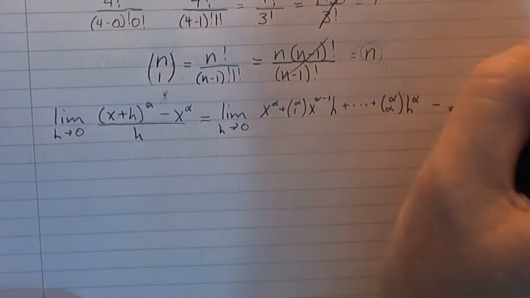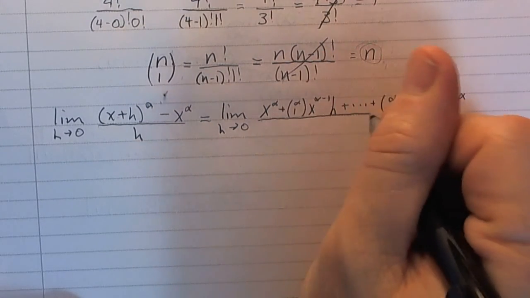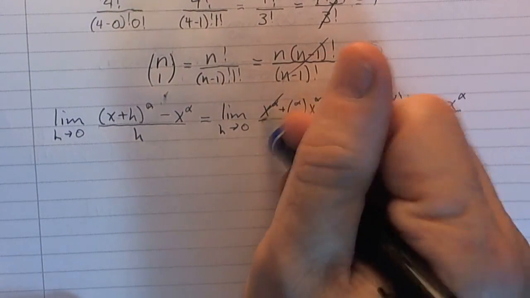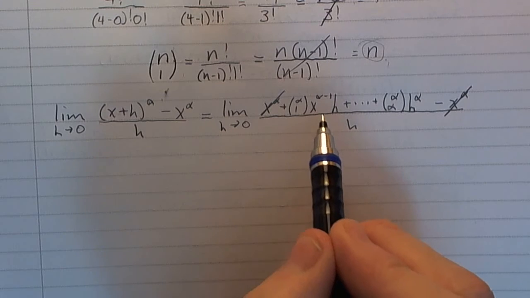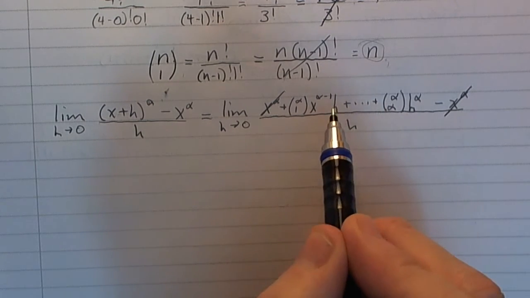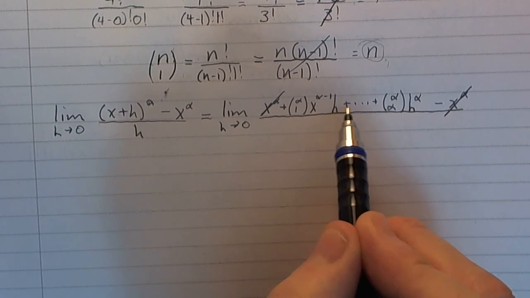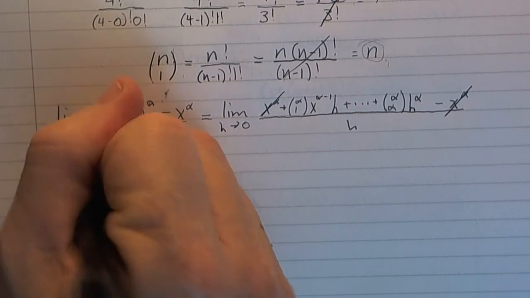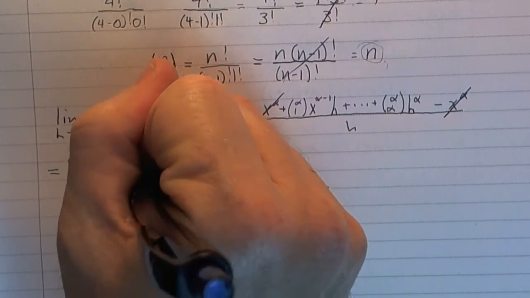Minus x to the alpha, all over h. Now notice this x to the alpha and this negative x to the alpha cancel. And look at what happens here. Every one of these terms has an h in it. This first term has an h to the first power. Everything else has an h to a higher power. So here's what we can do. We can factor out that h. Okay, we factor out the h, and then we have this.